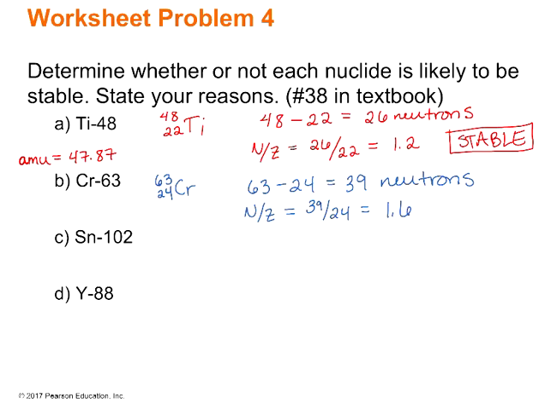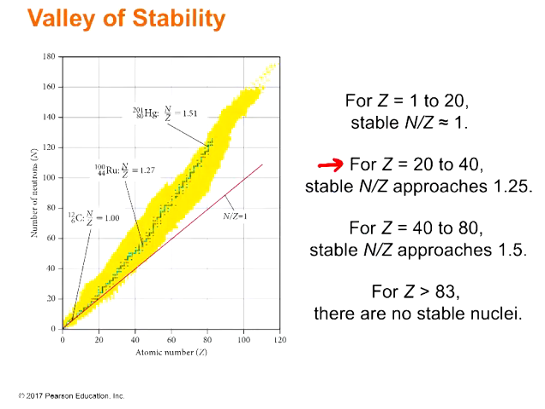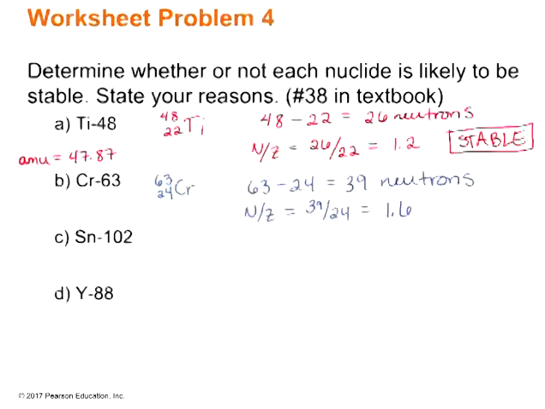So actually, let's look. So again, for elements 20 through 40, a stable neutron to proton ratio is about 1.25. So 1.6 is quite high. So I'm going to say that there are too many neutrons, but let's compare the mass of this isotope to the average mass for chromium.